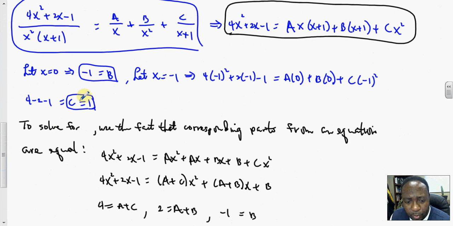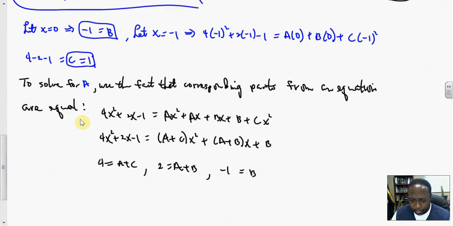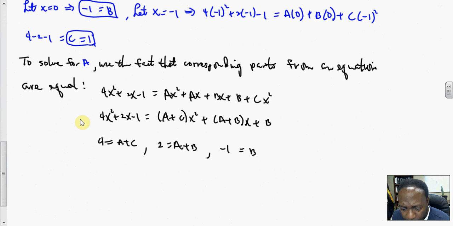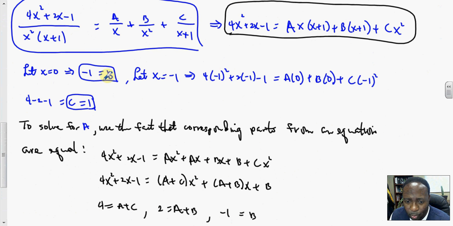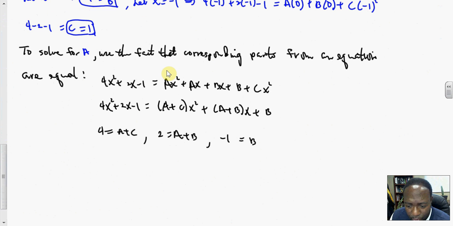To solve for a, I got b and c, I need a. No problem. Notice that you got b equal to negative 1, which you knew already up there. But back when I was in school, we didn't use this watered down method; we used systems of equations to solve.